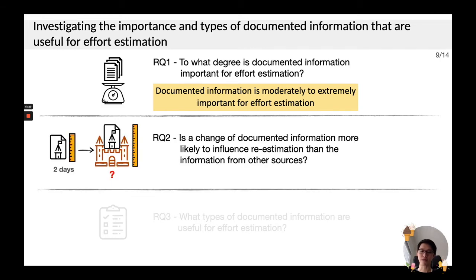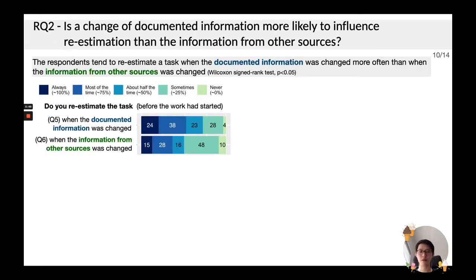Next is RQ 2. The effort might be re-estimated when the information is changed, but is the change of documented information more likely to influence re-estimation than the change of information from other sources? To know that, we ask the frequency that the respondents will re-estimate the task when the documented information is changed in comparison to the information from other sources.